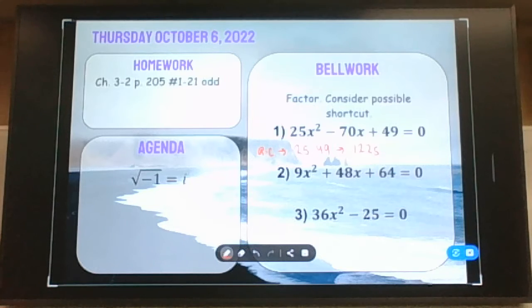So I know 9 square roots, and I know 64 square roots, so I'm going to do 2 parentheses. The square root of 9 is 3. The square root of 64 is 8. And I'm factored. That shortcut only works when you can square root A and C, but it's a great shortcut when you realize you can use it.